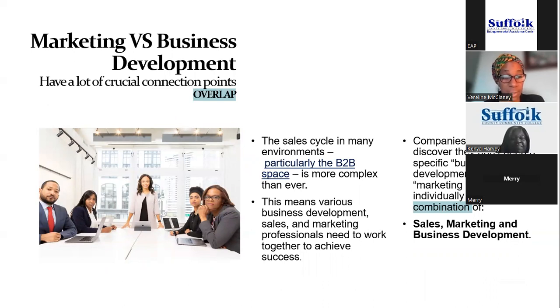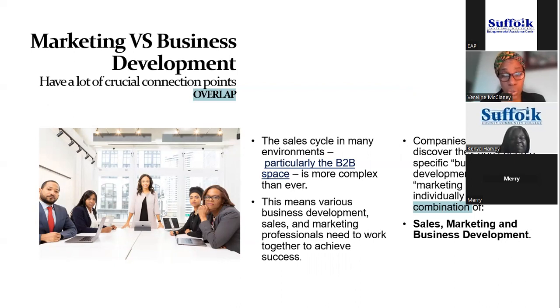Now we'll just discuss some overlap. So it's somewhat similar, and sometimes companies use these departments interchangeably. So the sales cycle in many environments, particularly with the business to business environment, is very, very complex, which means that several business development, sales, and marketing professionals are working together. They're interchanging their services and their expertise to achieve success for that business.